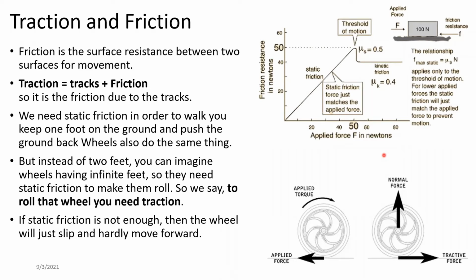Friction, I think you all know what friction is. Friction is the surface resistance between two surfaces against movement, right? If one surface is trying to move, similar to what is shown here, the applied force, capital F, is trying to push it to the right, but the frictional resistance force is trying to stop that move.